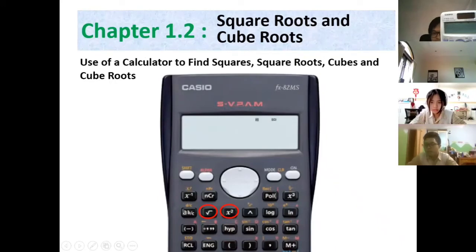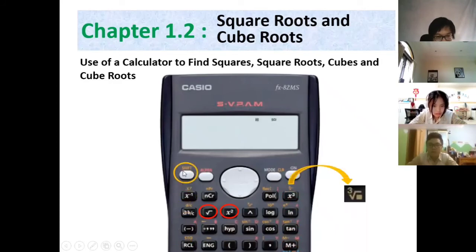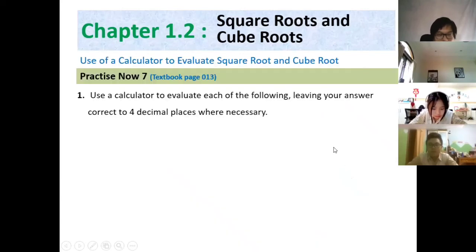Paling mahal. Nanti I kasih speknya, ini FX991. Okay, so this is cube, this is square root, this is square, right? So you can use anything. You shift off this, you will get cube root of x. Nanti aja ya, nggak usah.